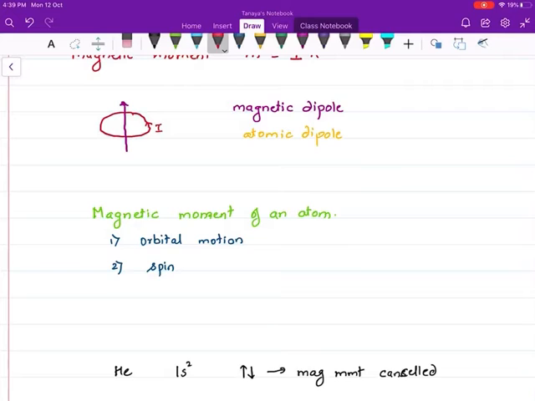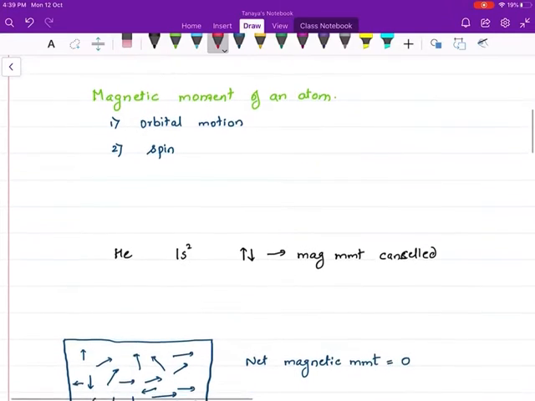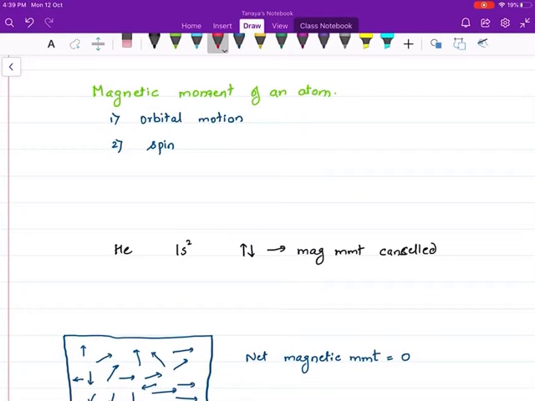We have to find the net magnetic moment because of these two motions. So now I'm just going to consider the resultant magnetic moment of an atom, and I'll be indicating it in a given direction like this. So just this arrow is going to indicate a magnetic moment or a magnetic dipole or an atomic dipole. That is how we are going to refer to it.